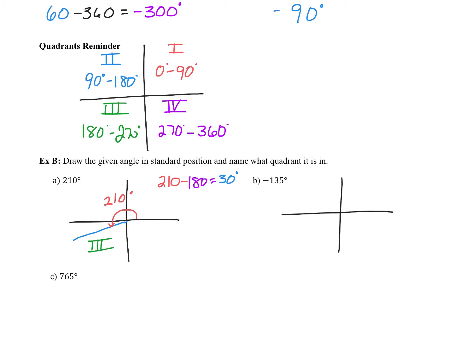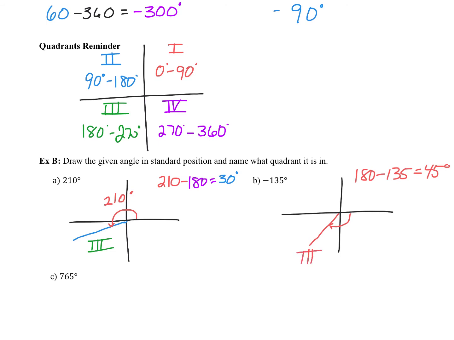So just like I did last time, I'm going to find the difference. But this time I'm going to do 180 minus 135. So I get 45. That means I'm going to approximate my 45 degrees right there and show that it's going negative with my arrow there.